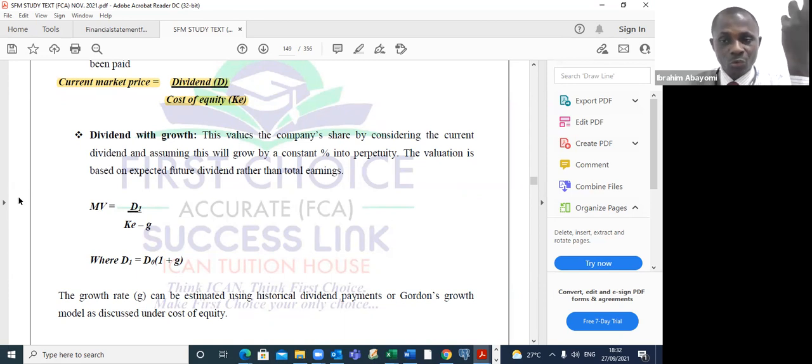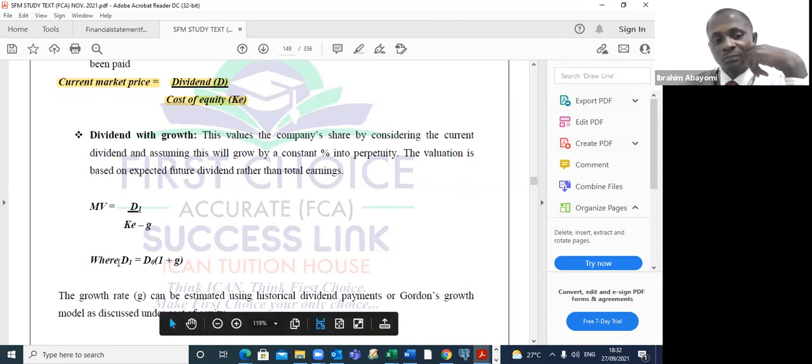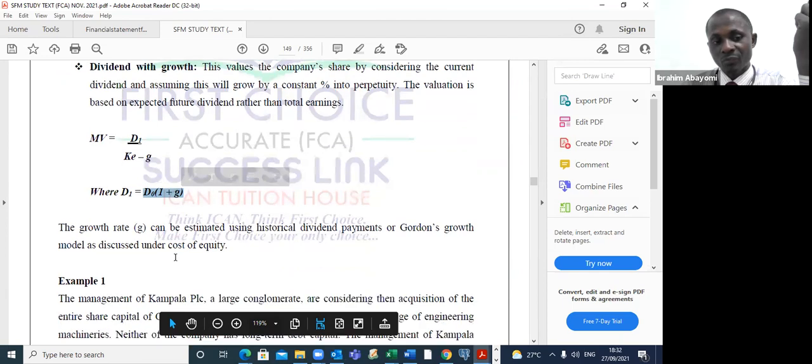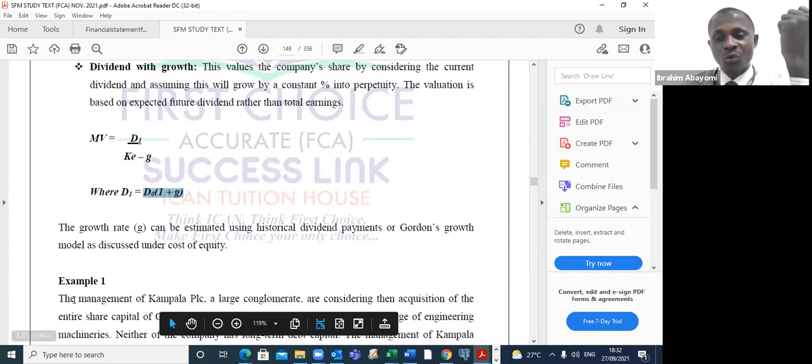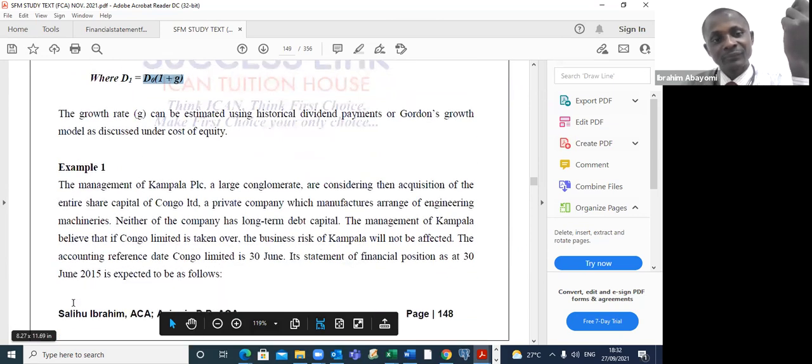If you are given D0 and want D1, you multiply by 1 plus G. So D1 is equal to D0 into bracket 1 plus growth rate.